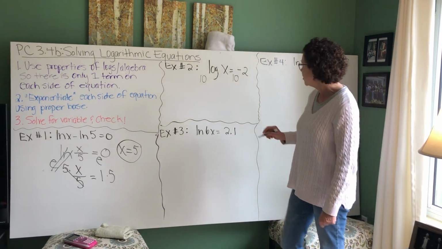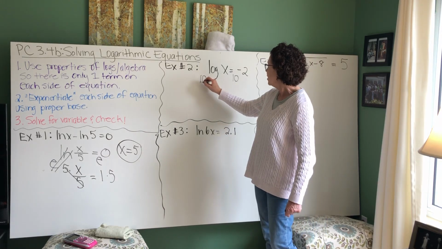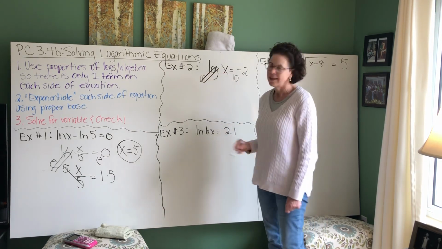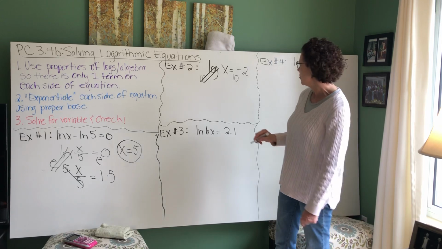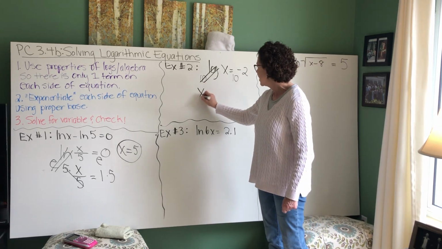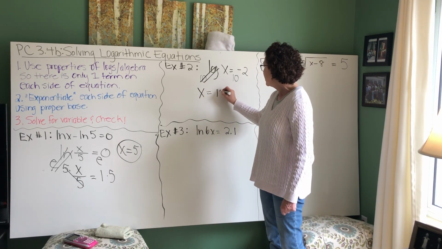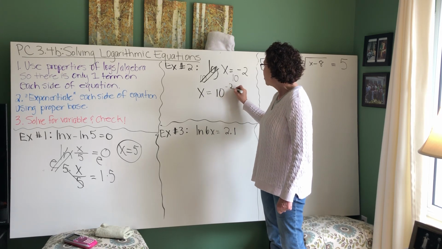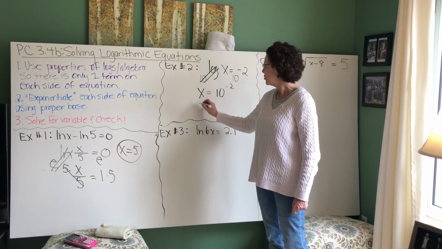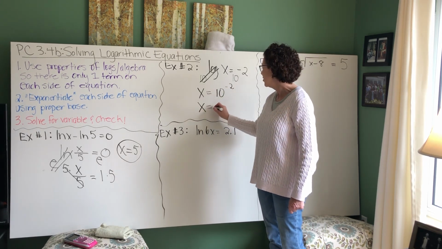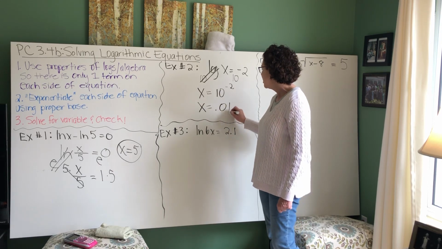The next thing we're going to do, of course, base 10 and log base 10 cancel. They're inverse operations. And we have x equals 10 to the -2. And of course, either you know it or you're welcome to put it in your calculator and you get 0.01.